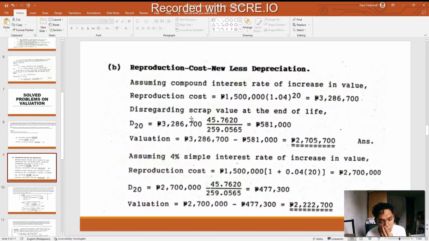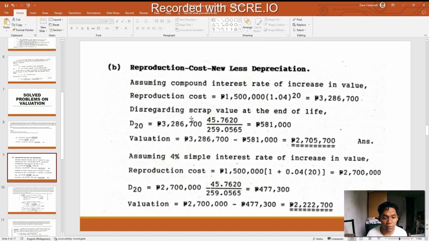So now the valuation is 3,286,700 pesos minus 581,000 pesos, which is equal to 2,075,700 pesos.